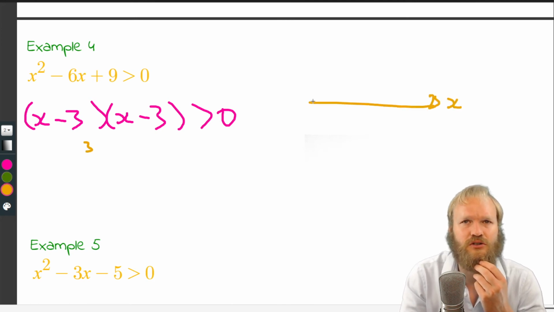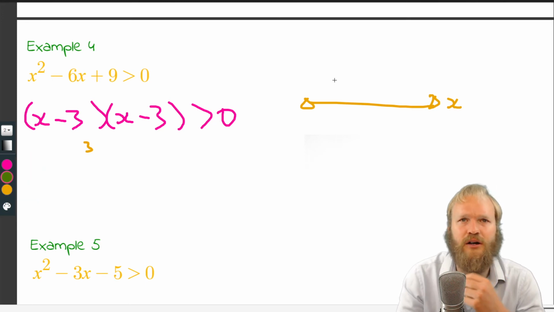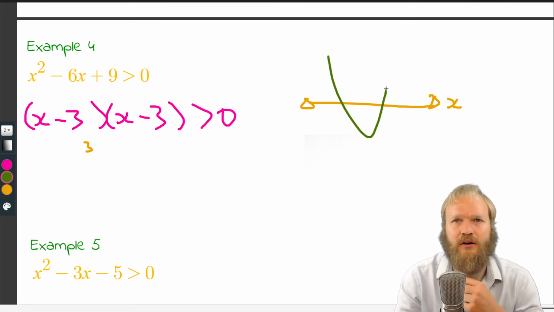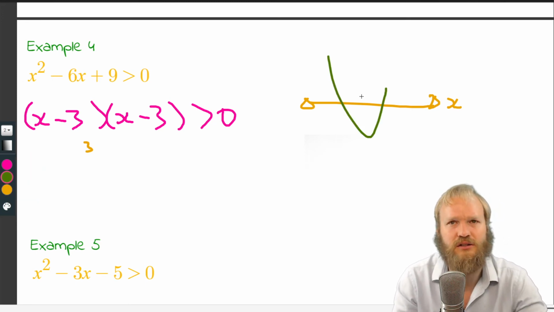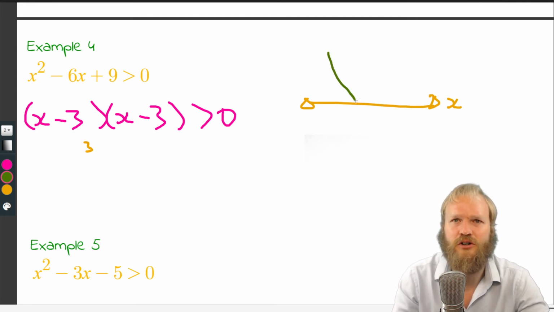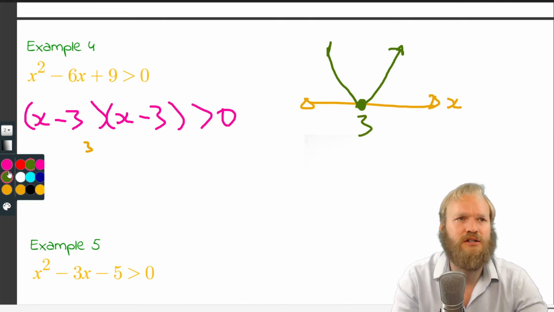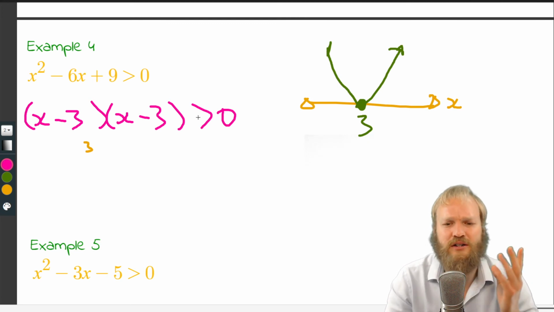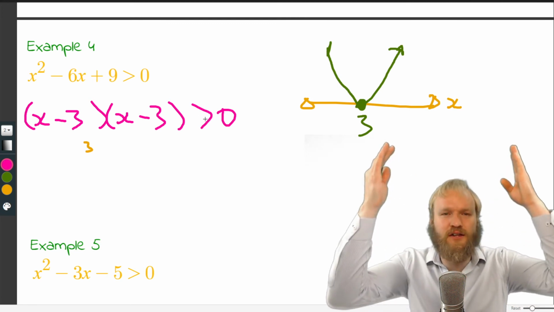So let's draw our quick parabola. Happy parabola. No, wait, not like that. What would the parabola look like? Well, it's just got the one root over there at 3. And we ask now, when is this parabola greater than 0?